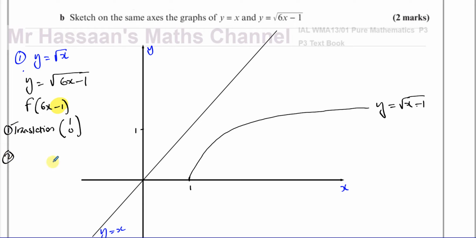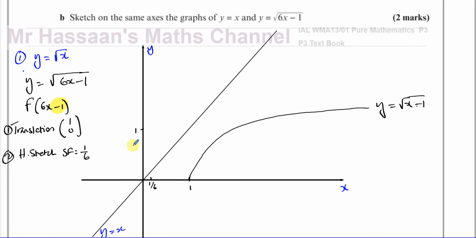The second transformation is this is multiplied by 6 inside the function. So this is a horizontal stretch. And when it's inside the function, it acts weird. So although it's multiplied by 6, the scale factor is going to be 1 over 6. So all the x coordinates are multiplied by 1/6. So this will go down to here, 1/6.